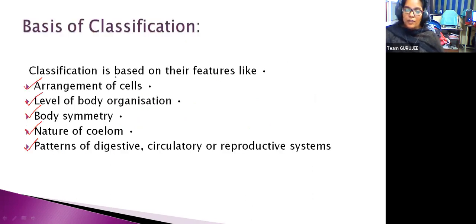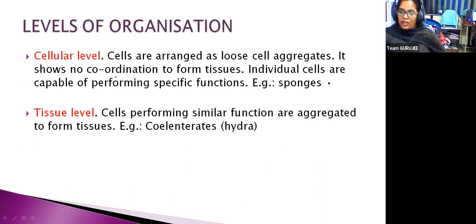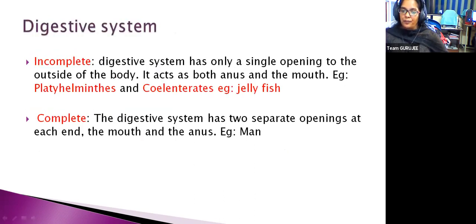Based on classification, what we have seen: the classification is based on arrangement of cells, body organization, body symmetry, presence of coelom, then digestive, reproductive and circulatory system. The levels of organization are cell level, tissue level, organ level and organ system level.